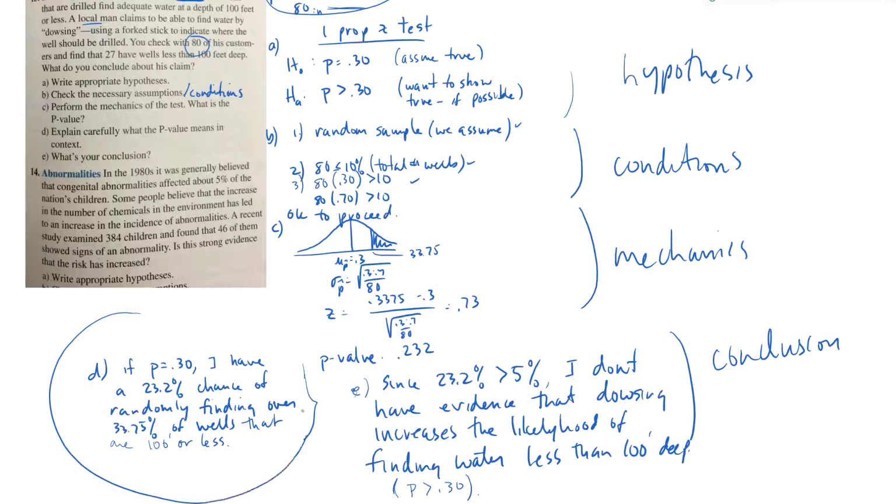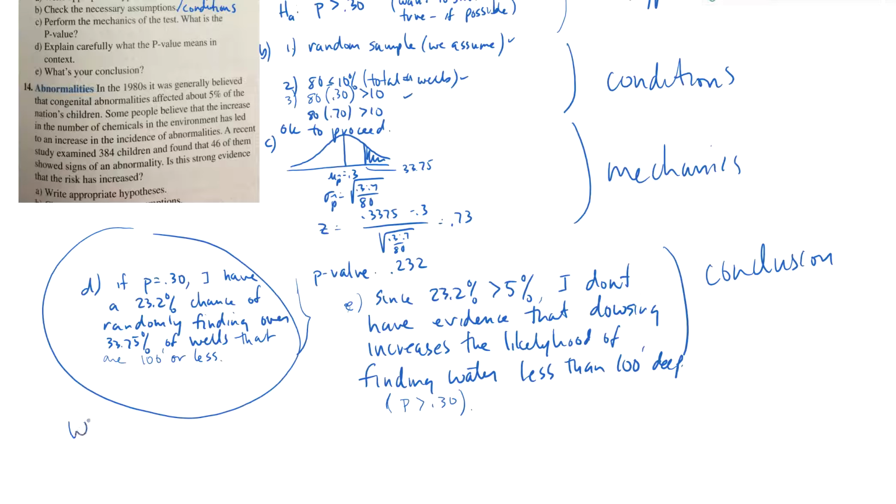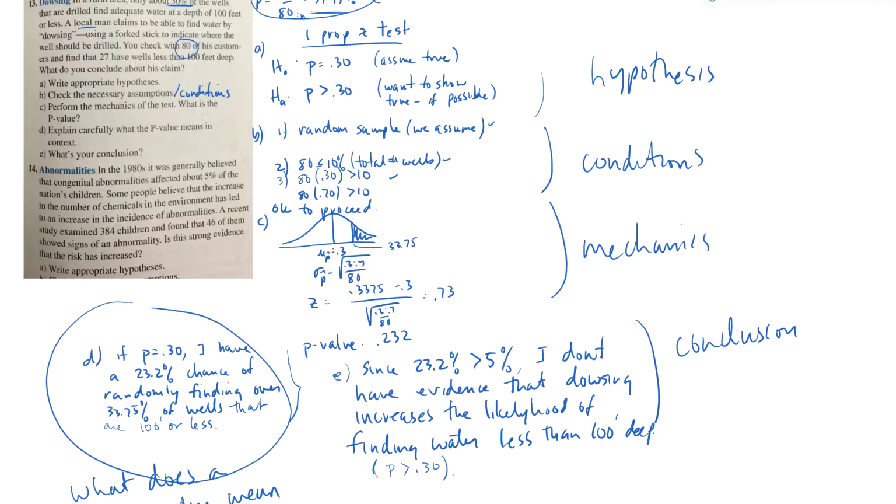This right here is simply defining what a p-value means, which of course you need to know. But these are the 4 parts for a hypothesis test right here. So again, AP world, it's basically a point for each one if this was a 4-point problem. So you got to make sure you're solid on all of that. Okay, there you go.